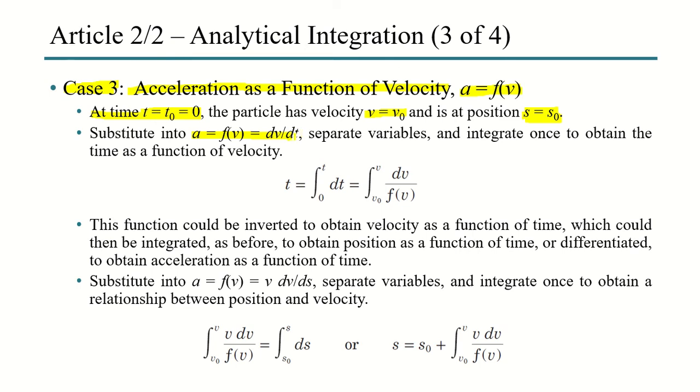Now substitute into this equation, a is equal to a function of v, where a is equal to the derivative of v with respect to t. Then we can separate variables and integrate once to obtain the time as a function of velocity.